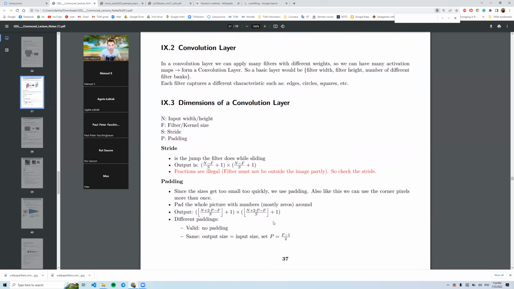You need to understand, for example, how can I keep the spatial size of my input? Convolutions don't necessarily need to decrease the spatial size of the feature map. We can keep it. How? One by one, or using padding and stride.